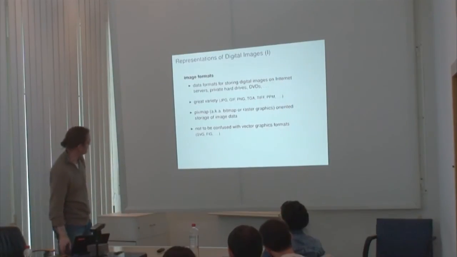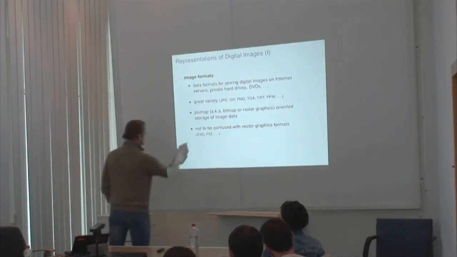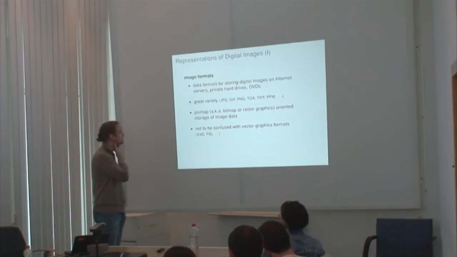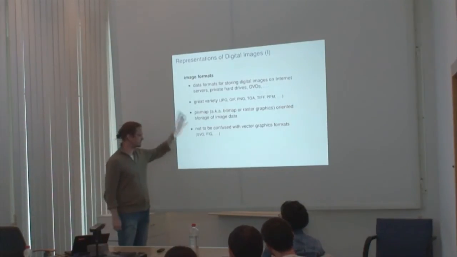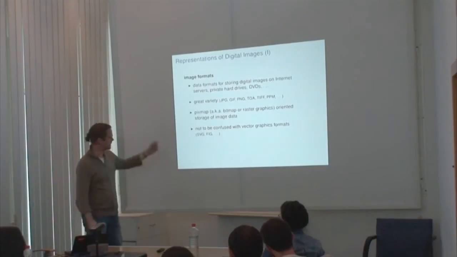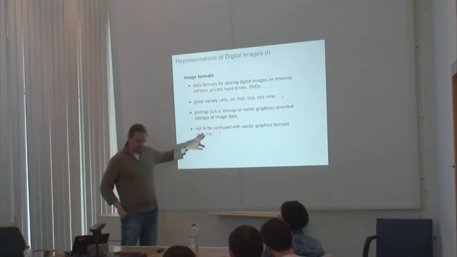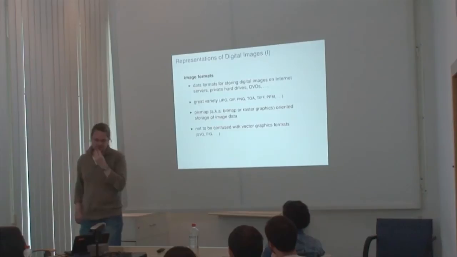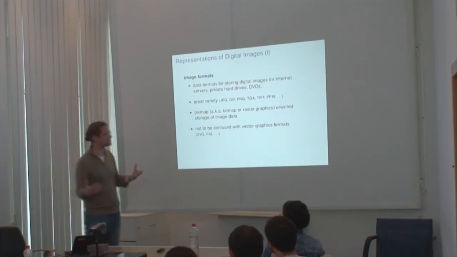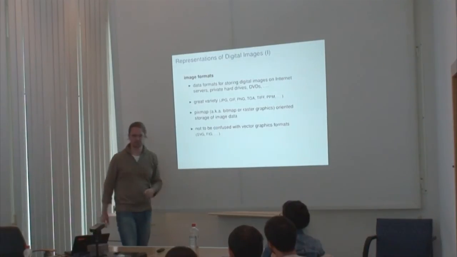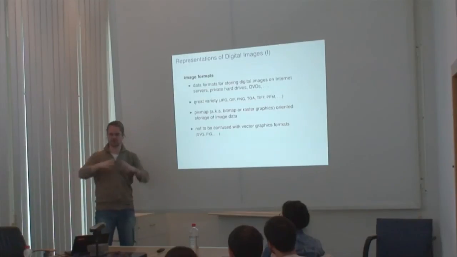And there are other formats, such as SVG, vector graphics, and FIG is figure, I don't know what the S is for. Anyway, these are file formats for digital images that do not represent the image as a pix map, but rather as a collection of lines, circles, and so on.